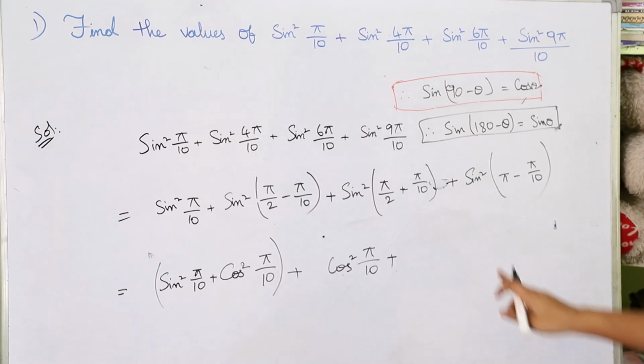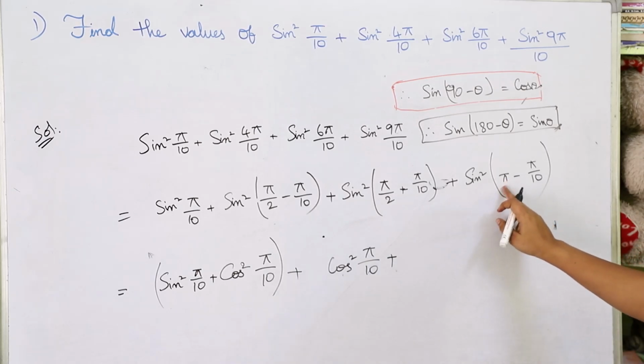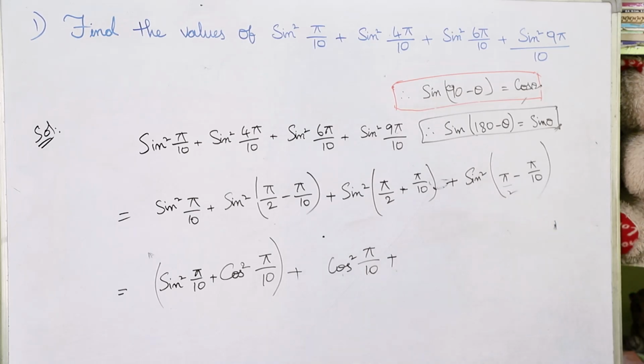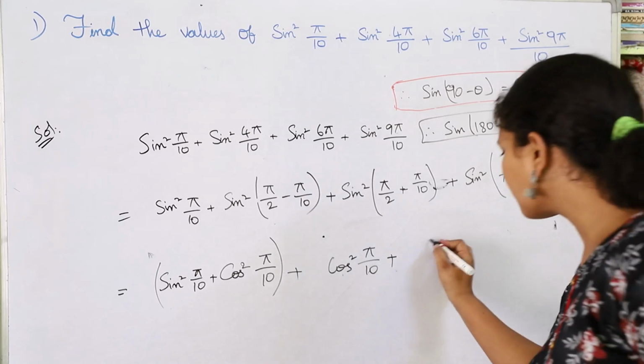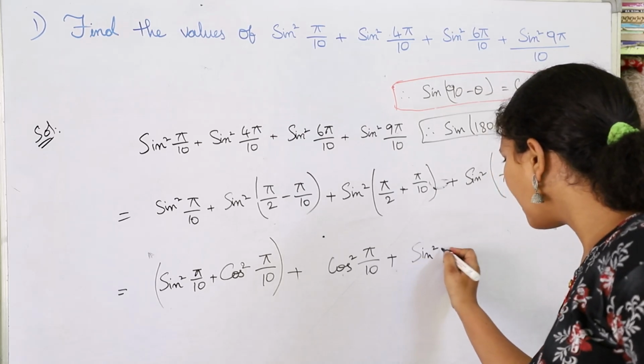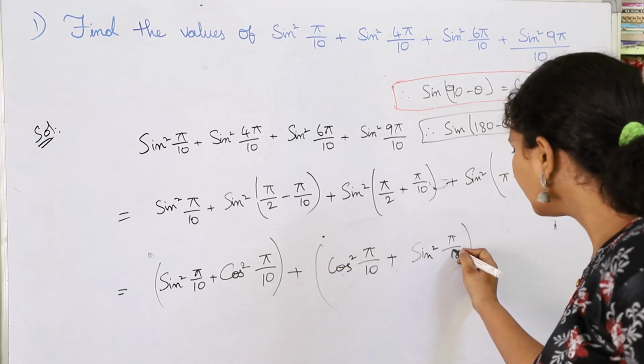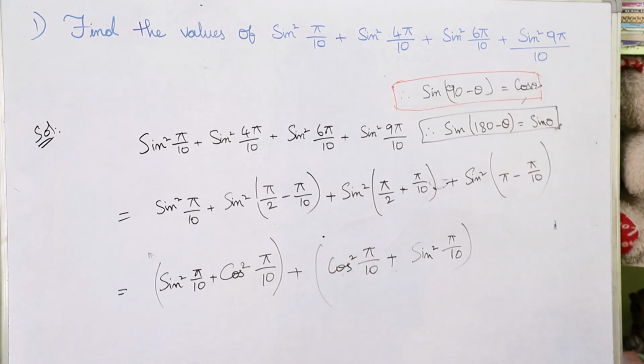So here I have sin square, and the pi value is 180 degrees. Here I don't have 2 to divide by. So this becomes 180, and sin 180 minus theta equals sin theta. So I'm going to write this as sin square theta, where the theta value is pi by 10. Are you getting it? Clear till here? Very good.